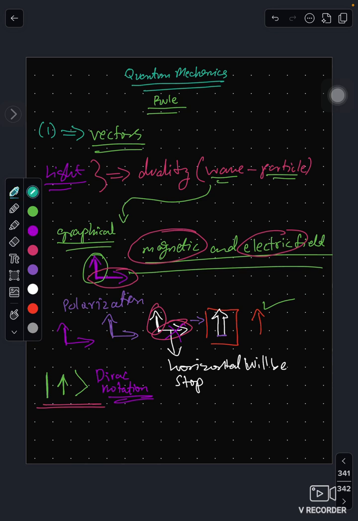But the same would happen if we had a horizontal polarizer. Now the vertical part of the light would be stopped, and only the horizontal part would be noticed. So this is how it will be represented.